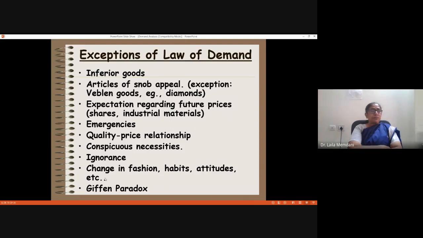Now, this was a paradox. It does not follow the law of demand. Why did the British workers start consuming more bread? His explanation is that bread is more essential and less expensive. Meat is less essential and more expensive. So what British workers did is they reduced the consumption of meat and they started eating more bread. So with the rise in price, the demand for bread increased.